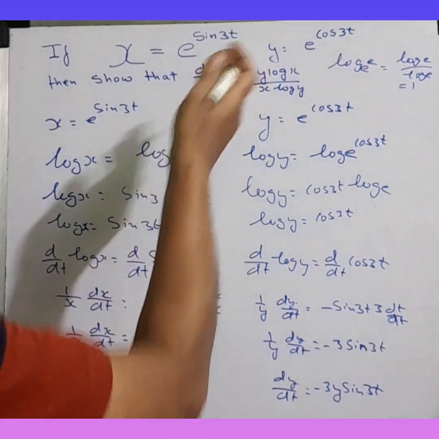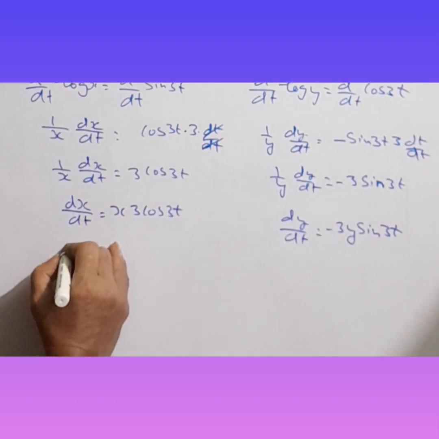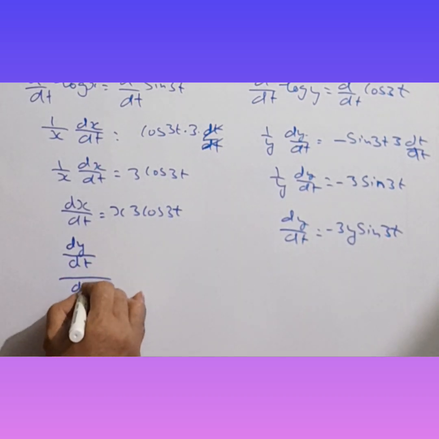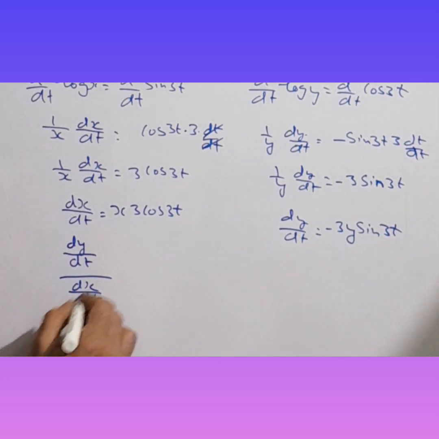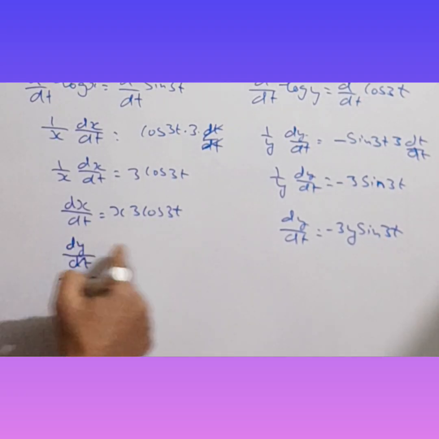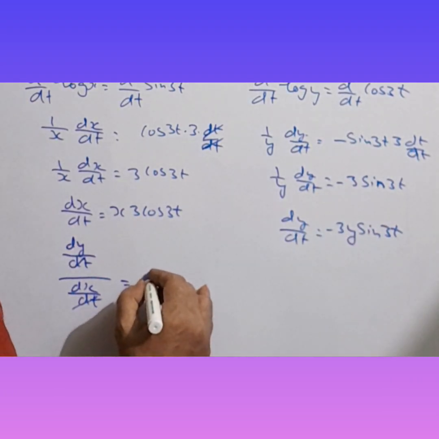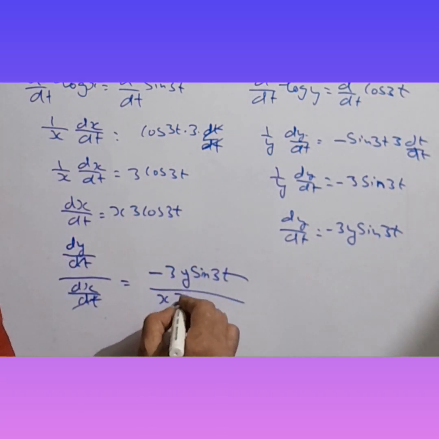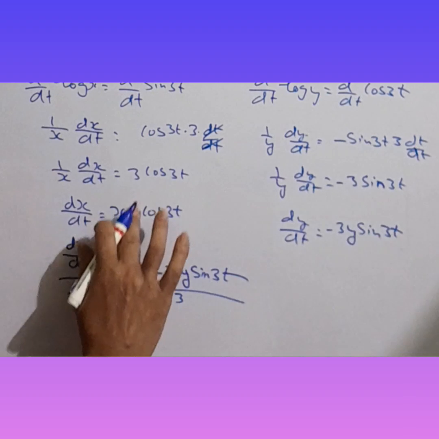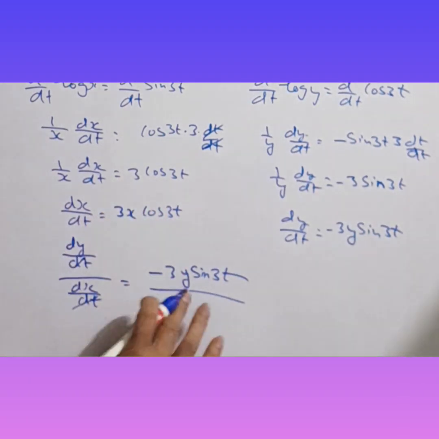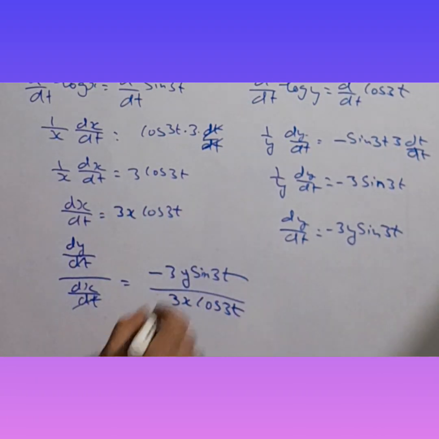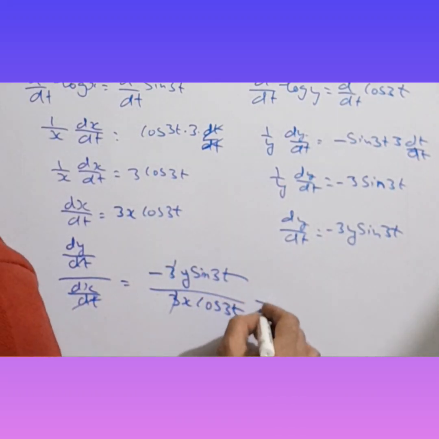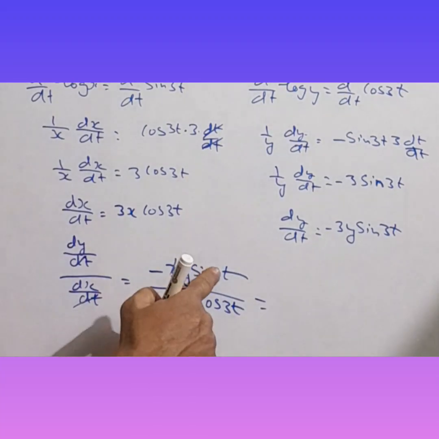Now dy by dt divided by dx by dt, we know dt gets cancelled, so let's substitute. This I'll write as 3x. So this goes, and what we are left with is y sine 3t.